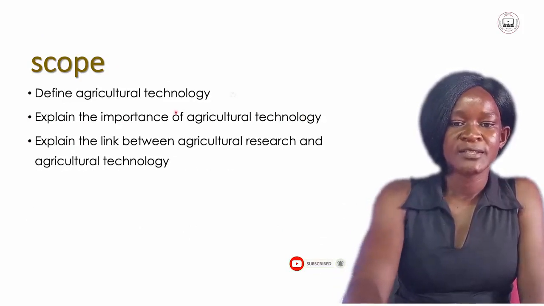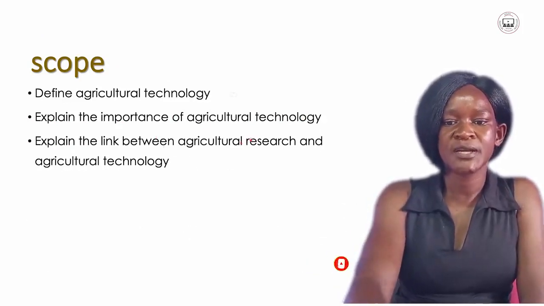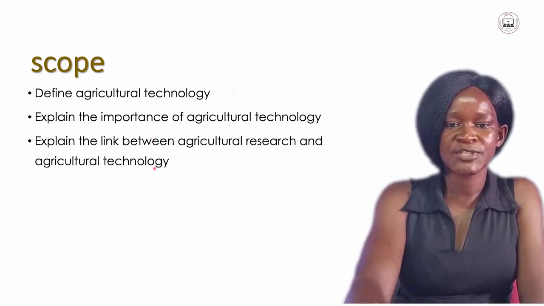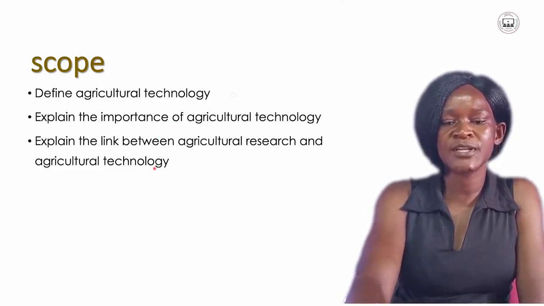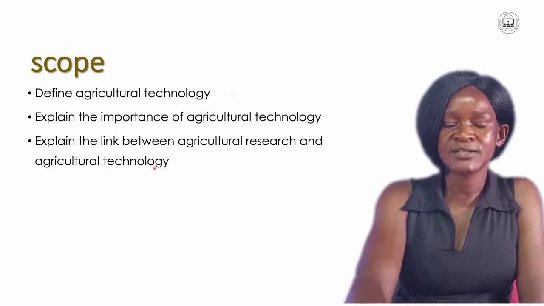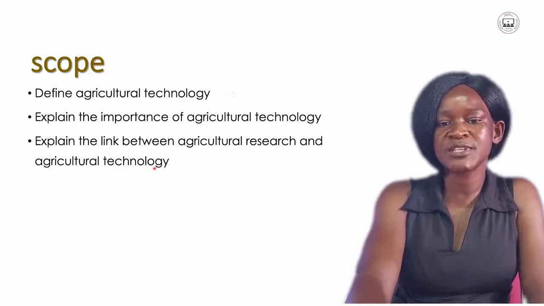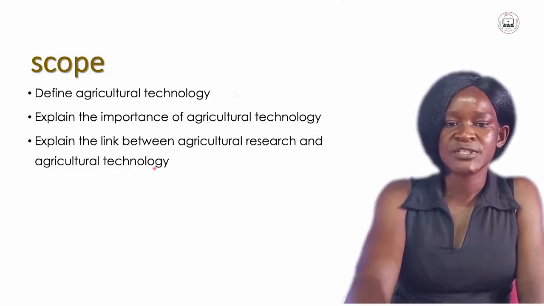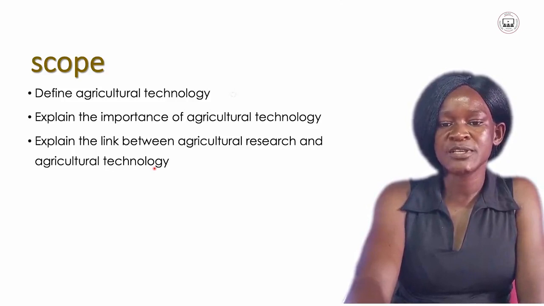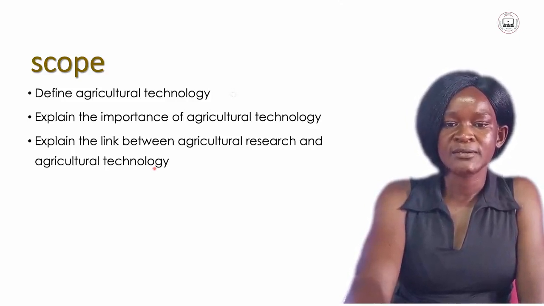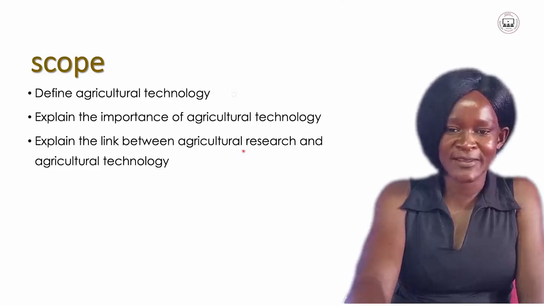Then there is a link between agricultural research and agricultural technology. Remember, the topic already discussed, that's topic number 2, that's agricultural research. So there is a reason why these two topics are together.